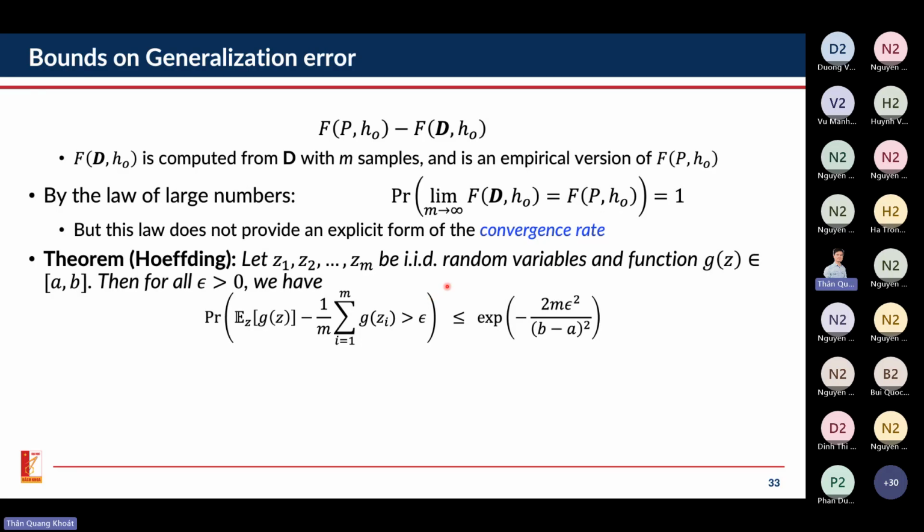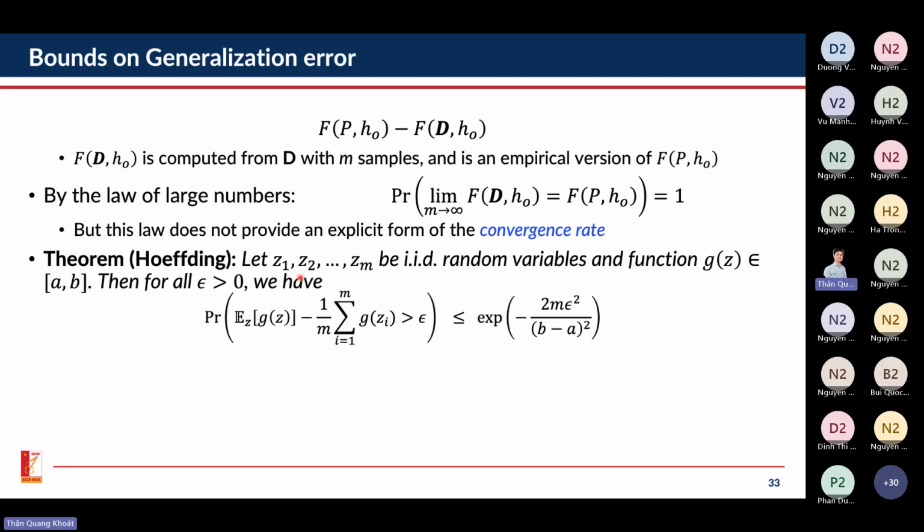In statistics, there is a very well-known theorem. It says something about the relation between those two quantities, the error on a finite set and the error on the population.